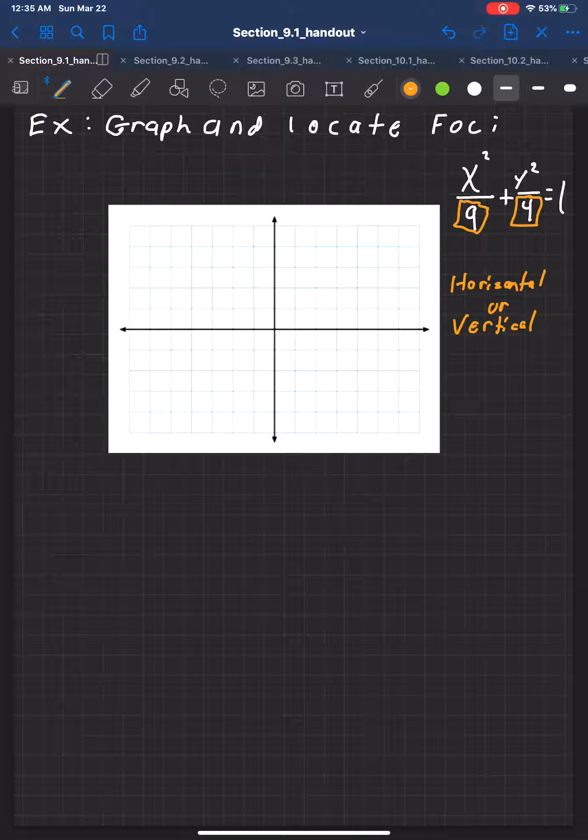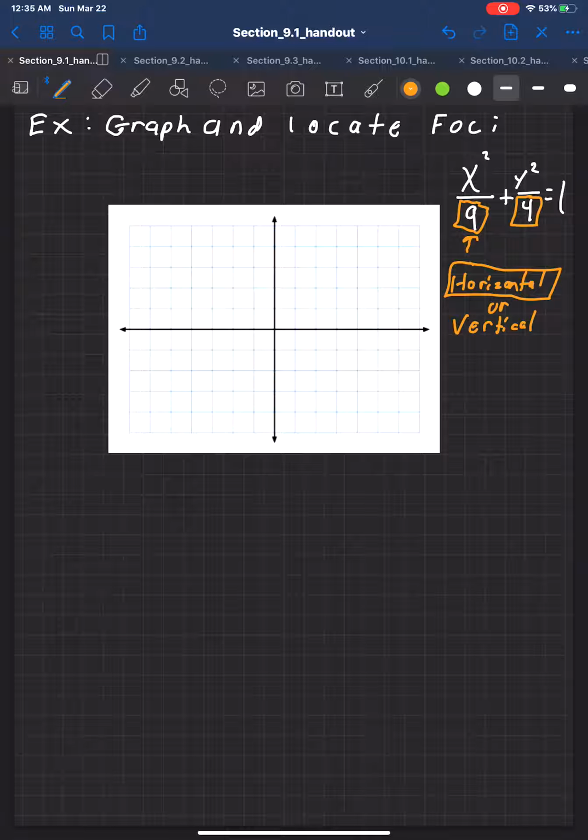Right? All right, well, hopefully you were listening to me when I said that if the larger denominator, look, 9 is larger than 4. Since 9 is under the x, this means that this is going to be a horizontal ellipse. Okay, if the 9 was under the y, this would be a vertical ellipse.